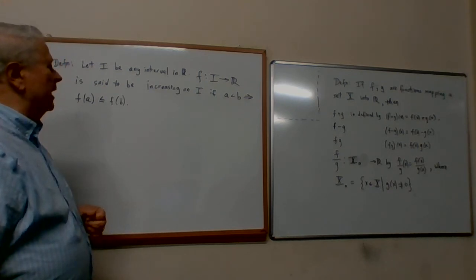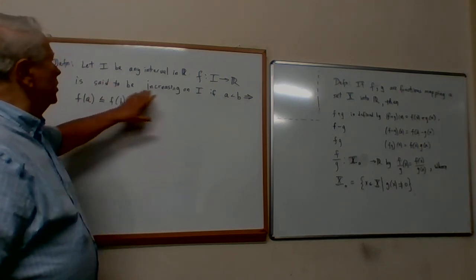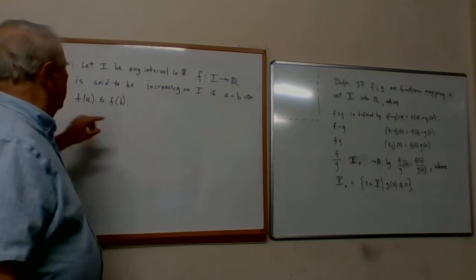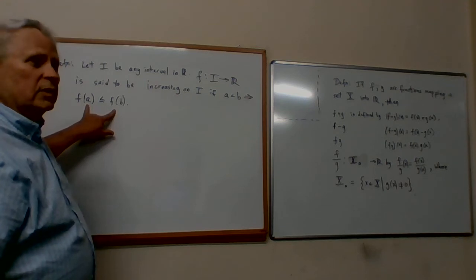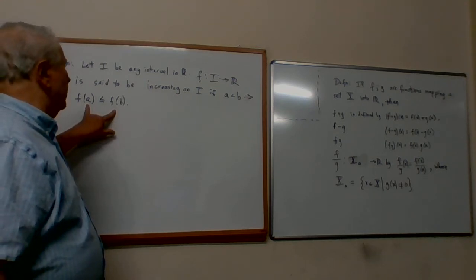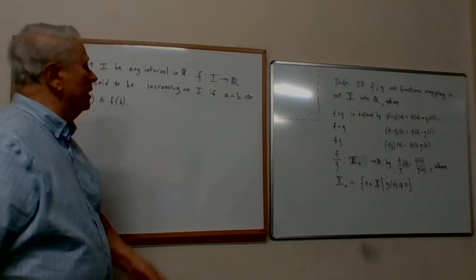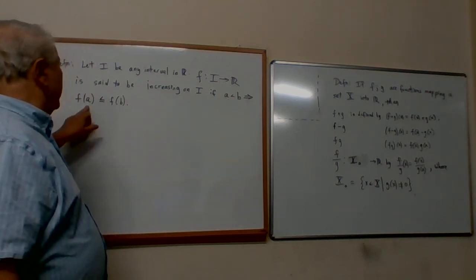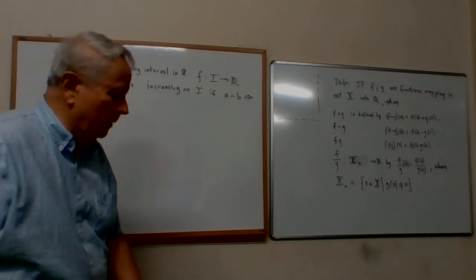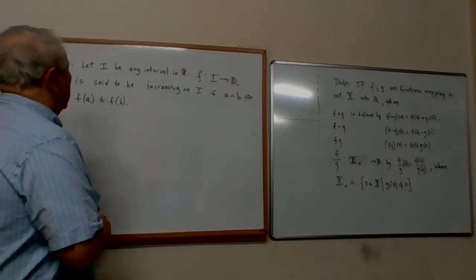So we're going to fix that by saying the function is said to be increasing if this is true, which really means it doesn't decrease, okay? If f of A is less than or equal to f of B, so if A is to the left of B, then f of A is below f of B, or equal to. All right?